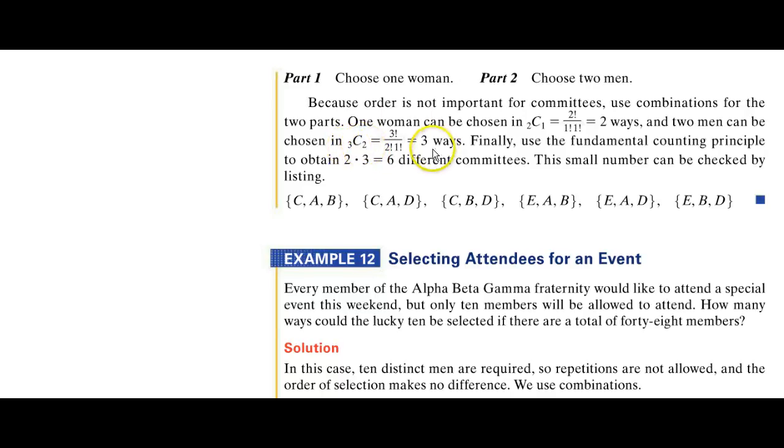And that can be done in 3 ways. So once we have the parts, we then can use the fundamental counting principle, which is 2 times 3, which gives us 6. And they are showing the possibilities listed as sets.